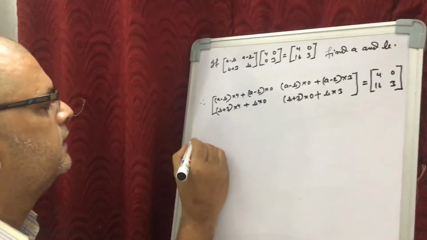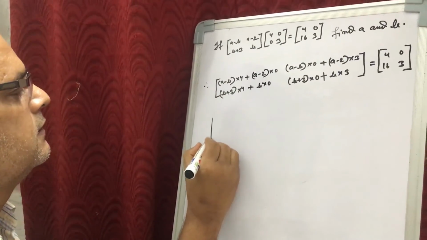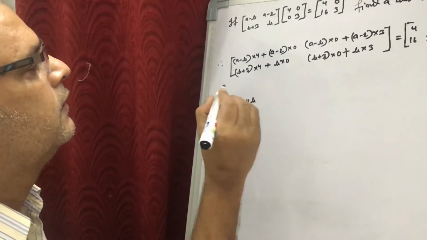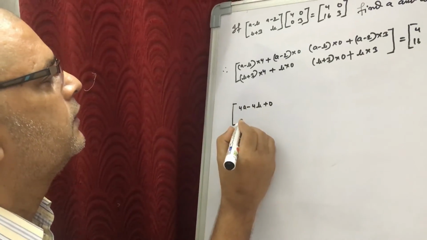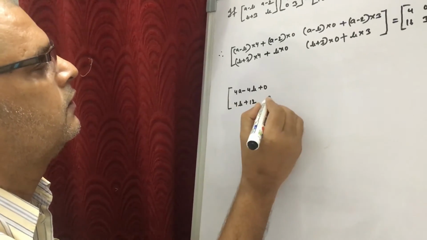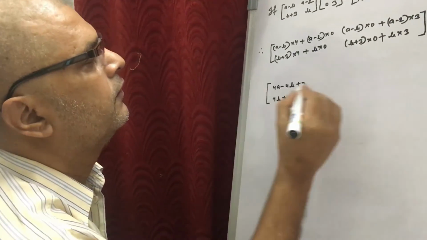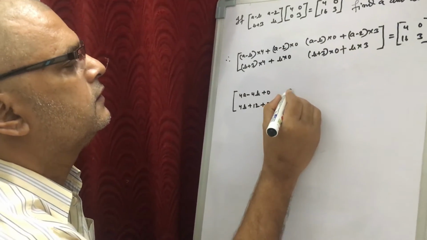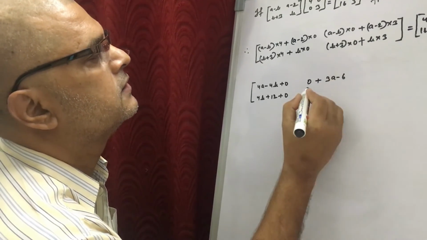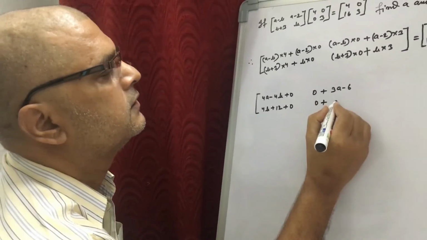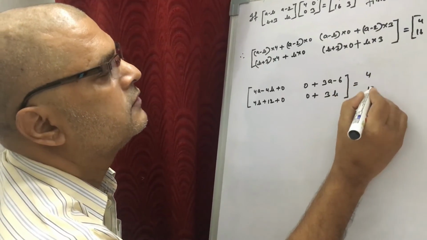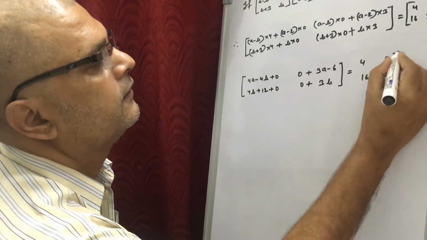Then it will be like this: 4a minus 4b plus 0, 4b plus 12 plus 0. Then this will be 0 plus 3a minus 6, 0 plus 3b is equal to 4, 16, 0, 3.